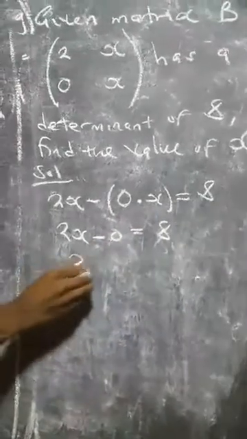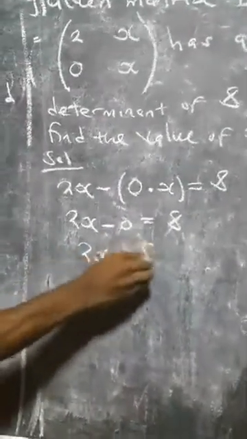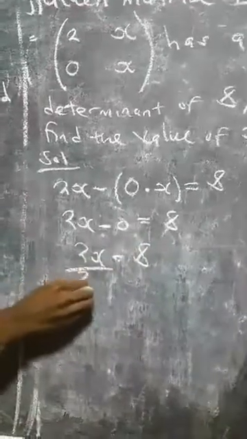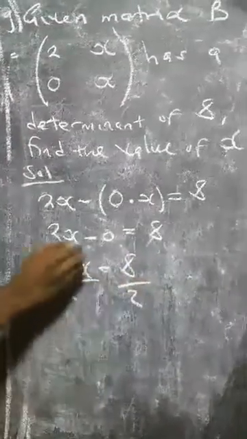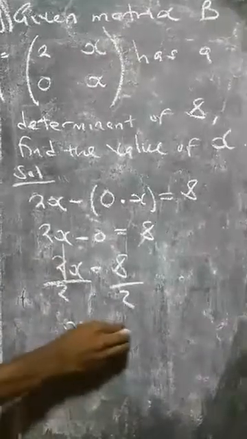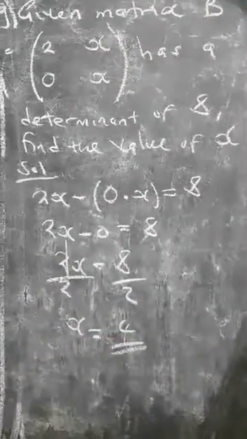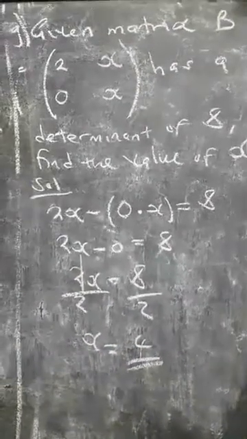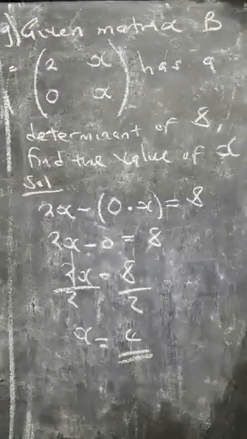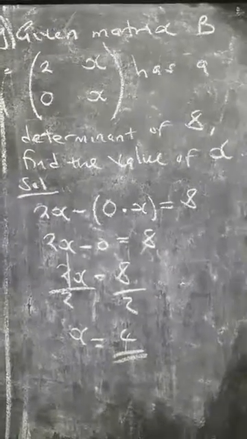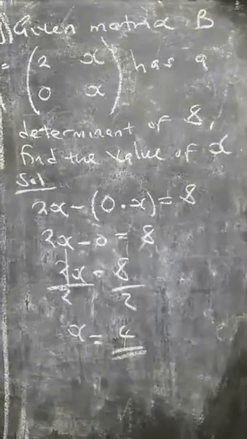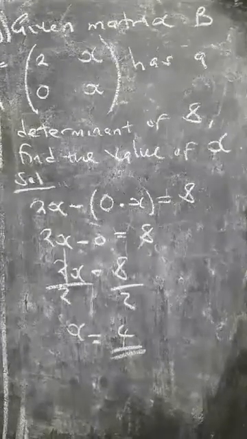So 2x is equal to 8. We divide over 2. X is equal to 4.